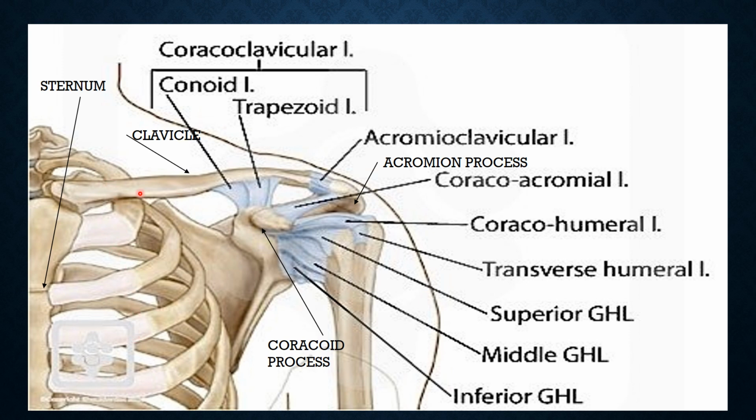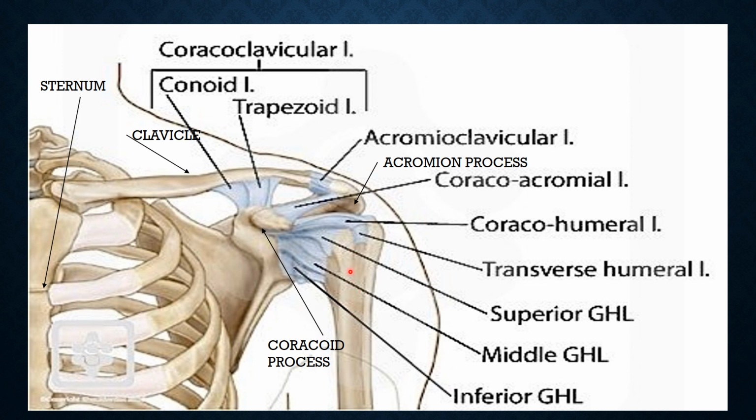And this is the acromion process, and this is the clavicle, and this is the humerus. This is the intertubercular sulcus. And here there's glenoid cavity. Glenoid cavity is actually covered by the ligament, so it is not visible very much.